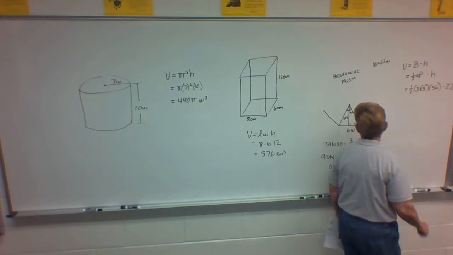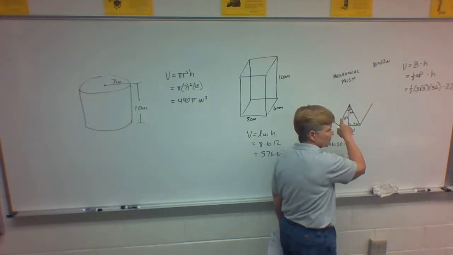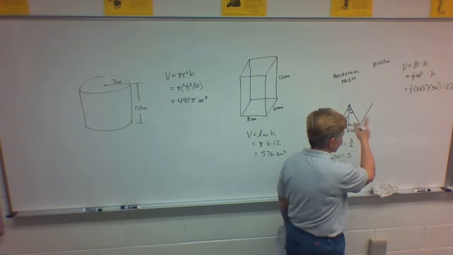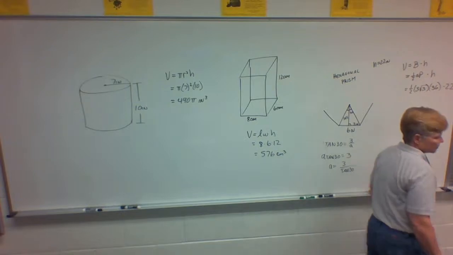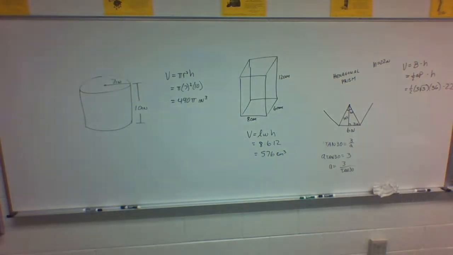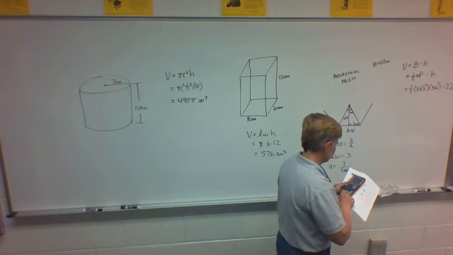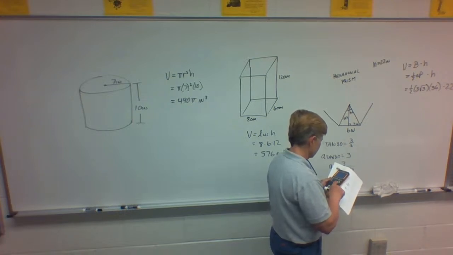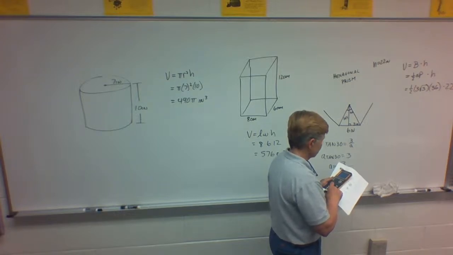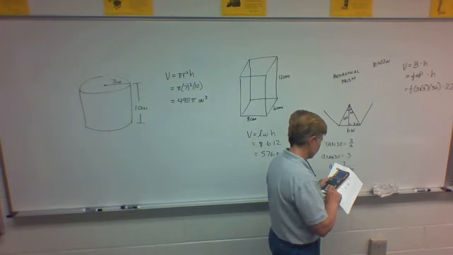I will tell you on this problem, this is a hexagon. It's not some other polygon. That is a hexagon. So if you remember this, you'll be all set. So I'm going to grab my calculator and write that. 0.5 times 3 square root of 3, parenthesis 36, parenthesis 22.